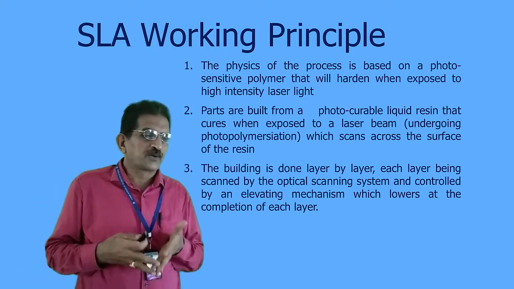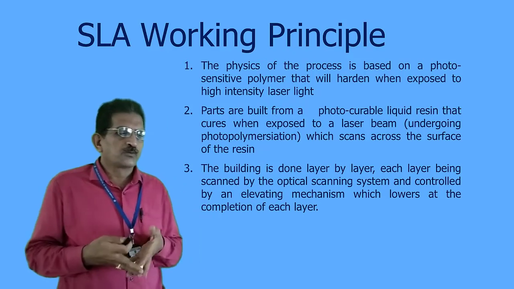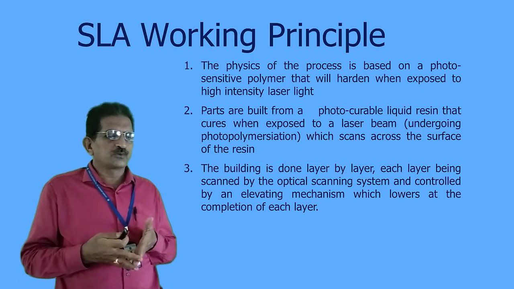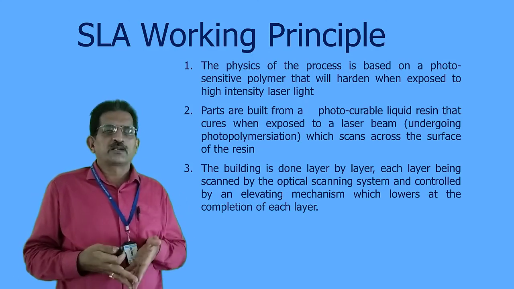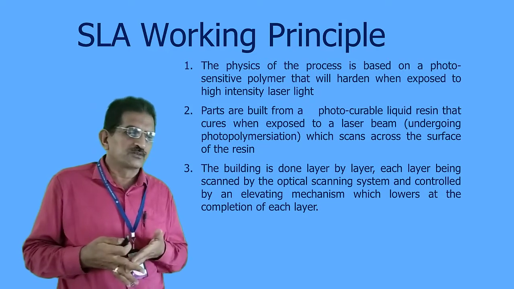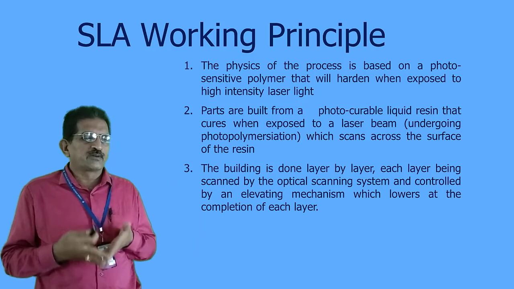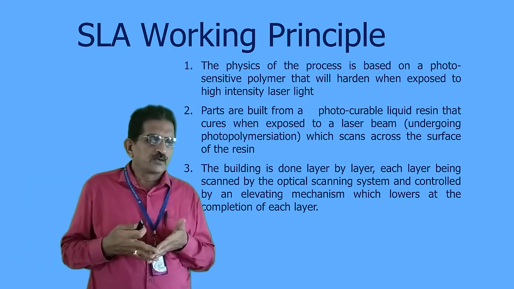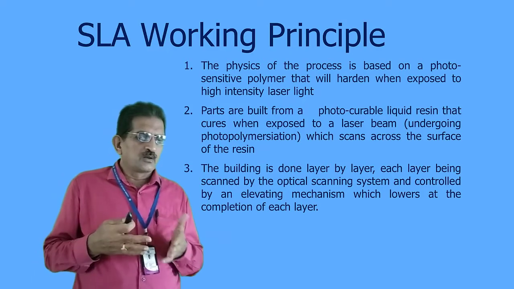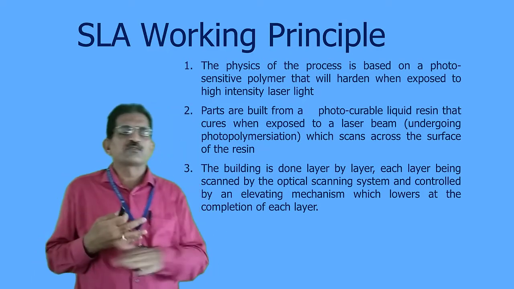So the physics of the process is based on a photosensitive polymer that hardens when exposed to high intensity laser light in the ultraviolet range. Parts are built from a photocurable liquid resin, which cures when exposed to the laser beam across the surface of the resin.